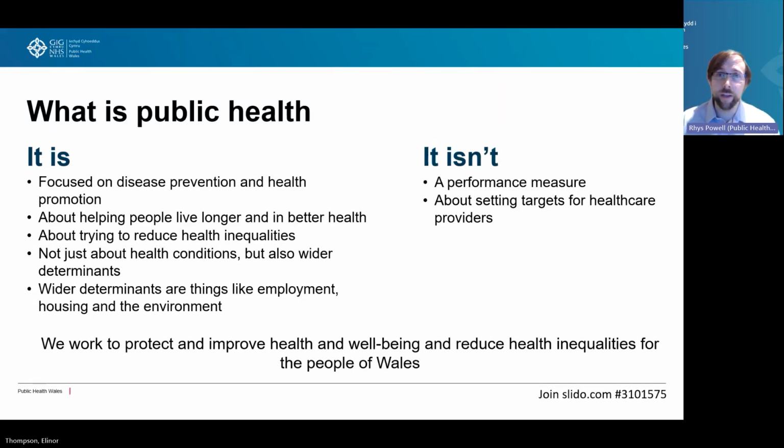All these things play an effect on an individual's health and well-being, so they all need to improve. So it's not about performance measures, and it's not about setting targets for healthcare providers. At the bottom there, that's the Public Health Wales slogan, and it really sums it up well. Our aim is to have the people of Wales living longer, healthier lives, and trying to reduce that gap that does exist between people who are more deprived and people who are least deprived.